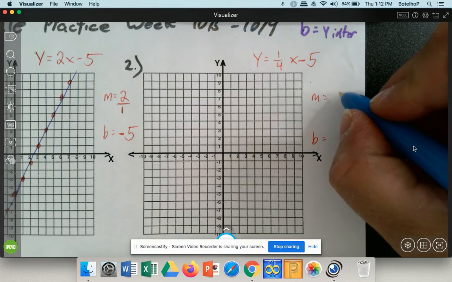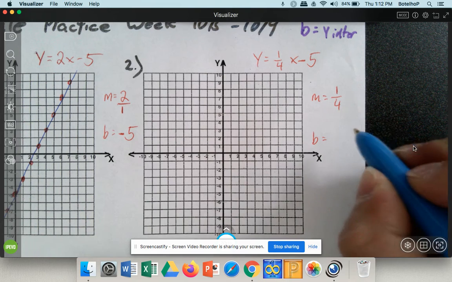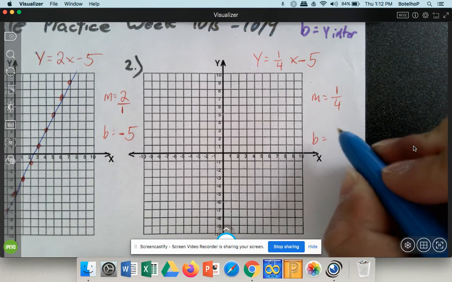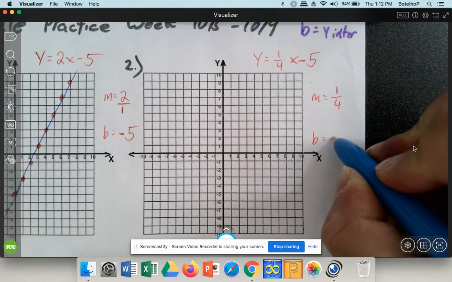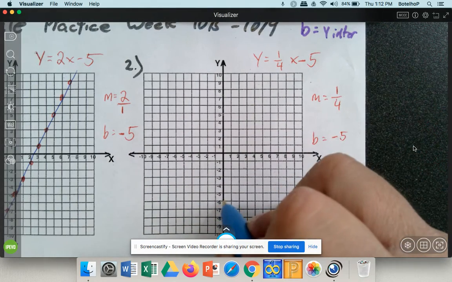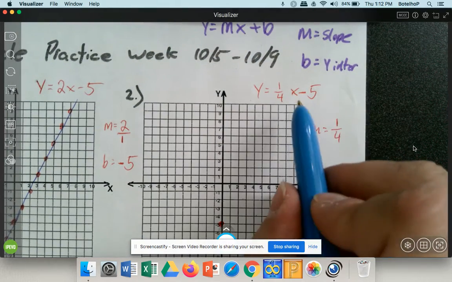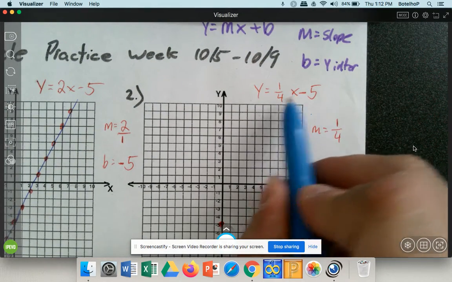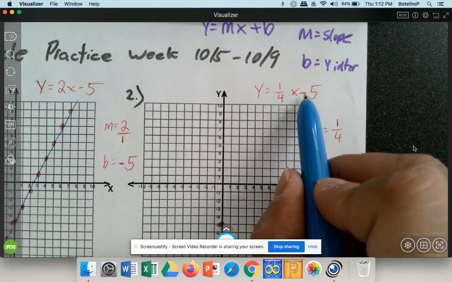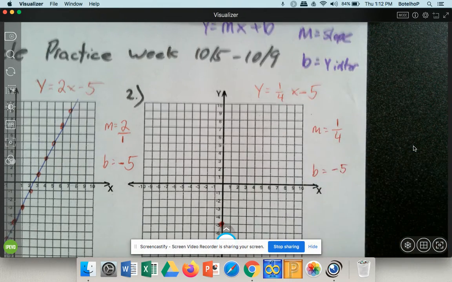If you did that right, hopefully you realized the slope was 1/4, already in fraction form, so that's easy to move with. My y-intercept is -5, so I'm going to go on my y-axis to -5. That makes sense, because if you make x equal to 0 like we were doing in the intercept graphing, then y equals -5.